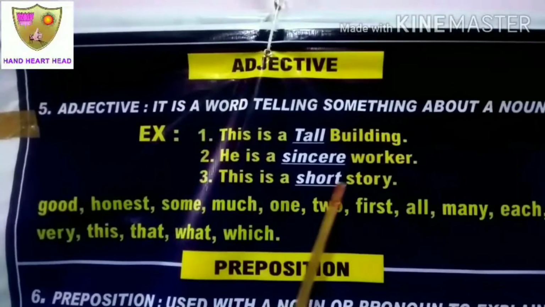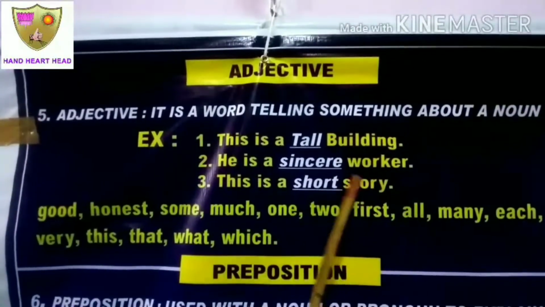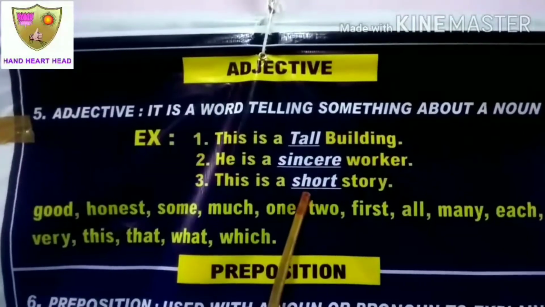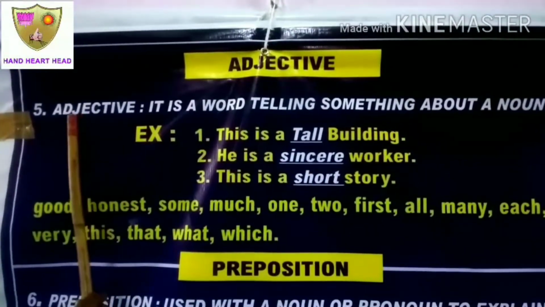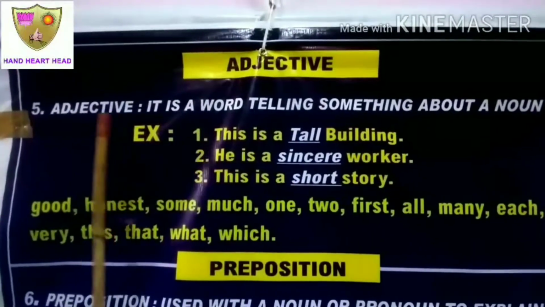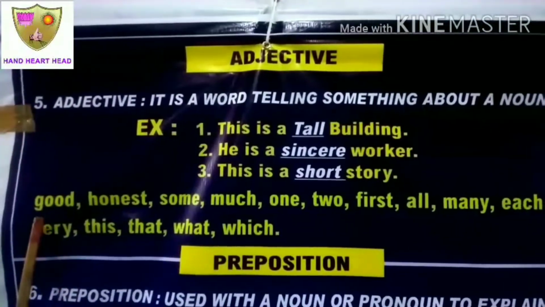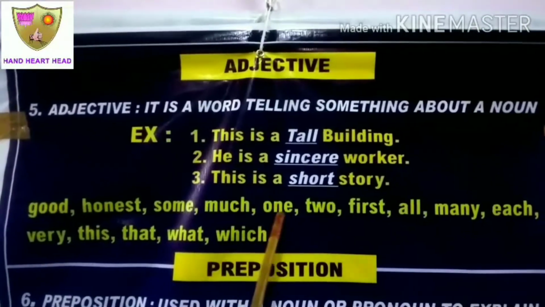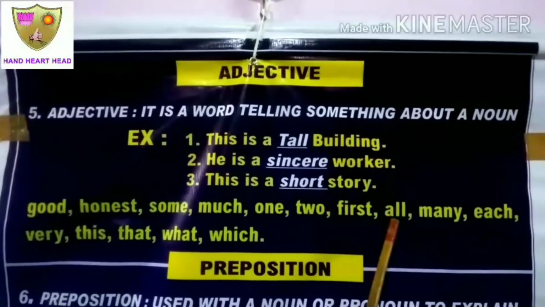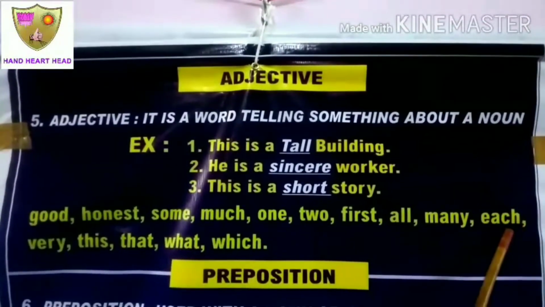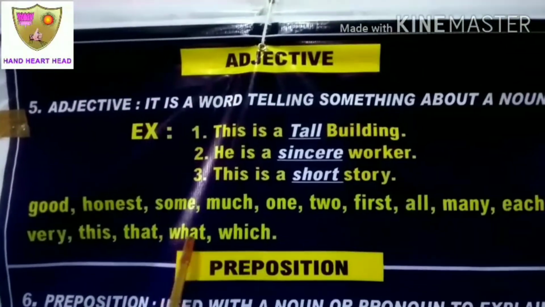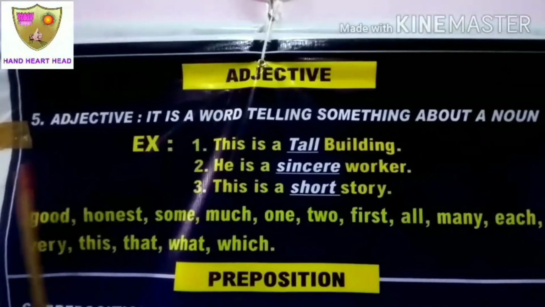This is a short story. எப்படிப்பட்ட ஸ்டோரி? ஷார்ட் ஸ்டோரி. Tall, sincere, short are the describing word or adjective. Good, honest, some, much, one, two, first, all, many, each, very, this, that, what, which are the adjectives.